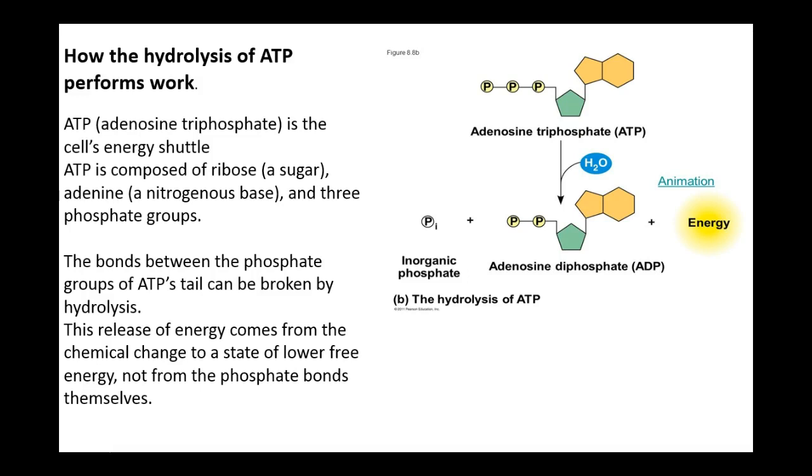The bonds between the phosphate groups on the tail are what's broken in hydrolysis, giving off energy, and the energy comes from the chemical change to a state of lower free energy, not from the bonds themselves. The 3 phosphates on the ribose and nitrogenous base make a very unstable molecule. It's high in potential energy because of its instability. It wants to go to a lower state of energy, more randomness of energy, and so that phosphate gets released.